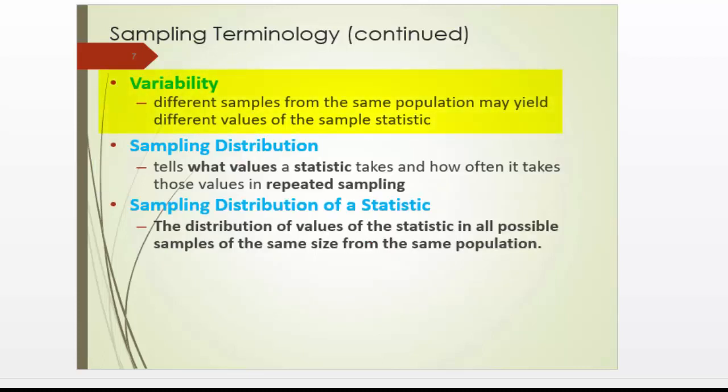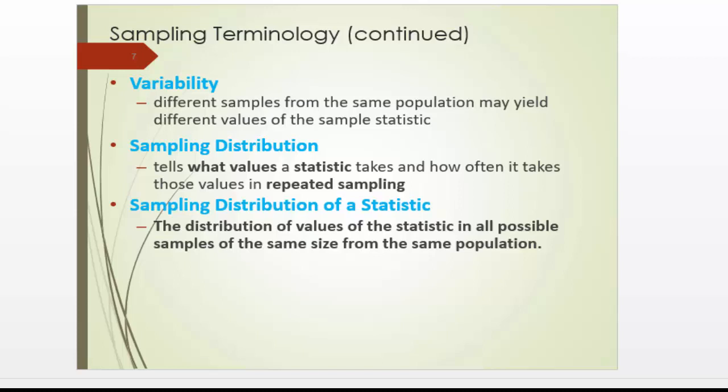Variability: different samples from the same population may yield different values for the sample statistic. A sampling distribution tells what values a statistic takes on and how often those values occur in repeated sampling. We already knew that a distribution gives variable values and how often they occur.